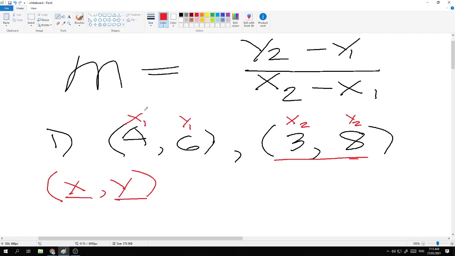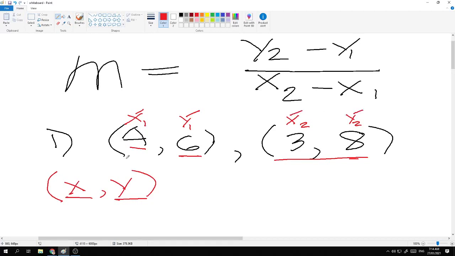But we will be having the first x coordinate and the first y coordinate, x sub 1 and y sub 1 for that. For the second point, since it's the second point, I'm going to be using x sub 2 and y sub 2.